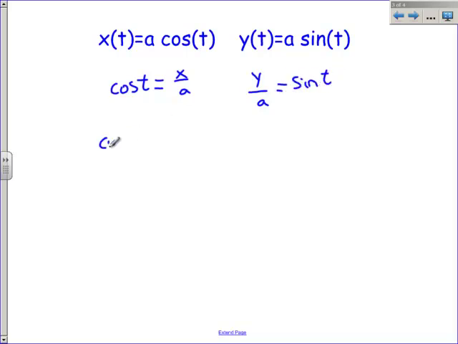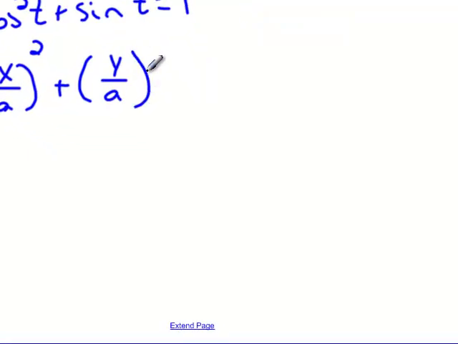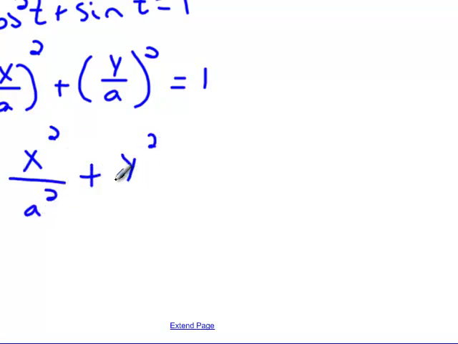Now we know that cosine squared plus sine squared always works out to be 1. So I'm going to substitute these in for this equation. So (x over a) squared plus (y over a) squared equals 1. And so I'll get x squared over a squared plus y squared over a squared equals 1.